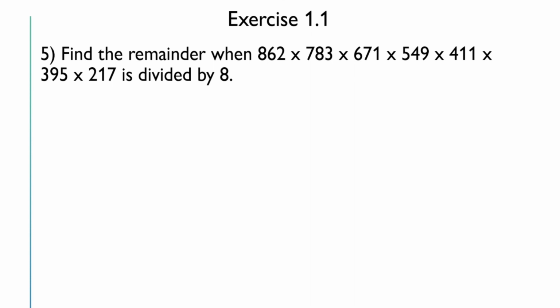The next question: find the remainder when 862 into 783 into 671 into 549 into 411 into 395 into 217 is divided by 8. So we are asked to find the remainder when we multiply all these numbers and divide by 8.